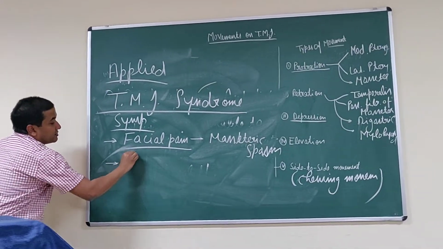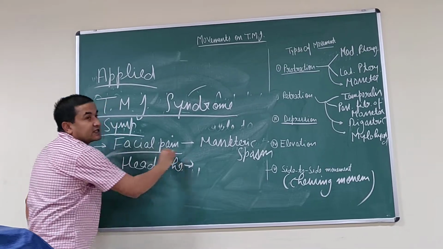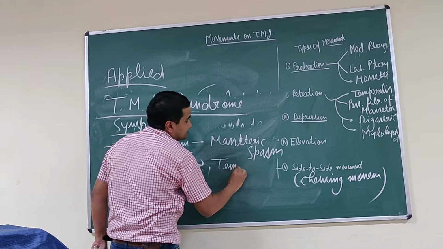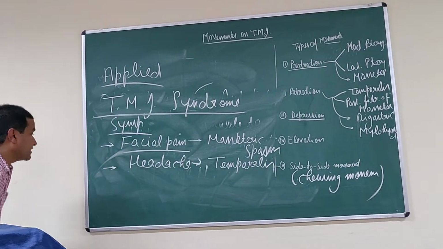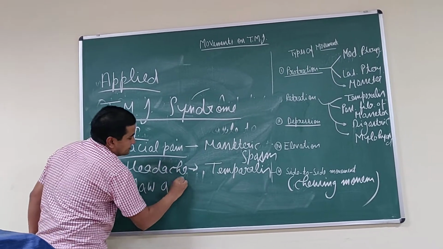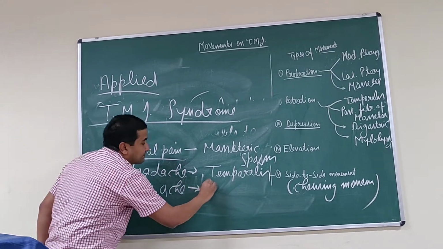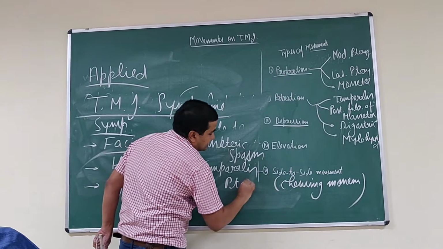Then there is a headache, and this is due to the spasm of the temporalis muscles, and there is a jaw ache associated with these symptoms, due to the spasm of the lateral pterygoid muscles.